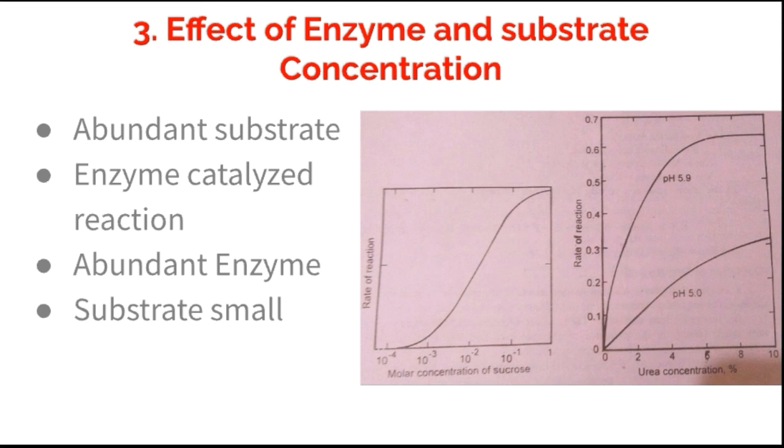When the enzyme is abundant and the substrate is small, the rate of reaction is proportional to the substrate concentration up to a point.